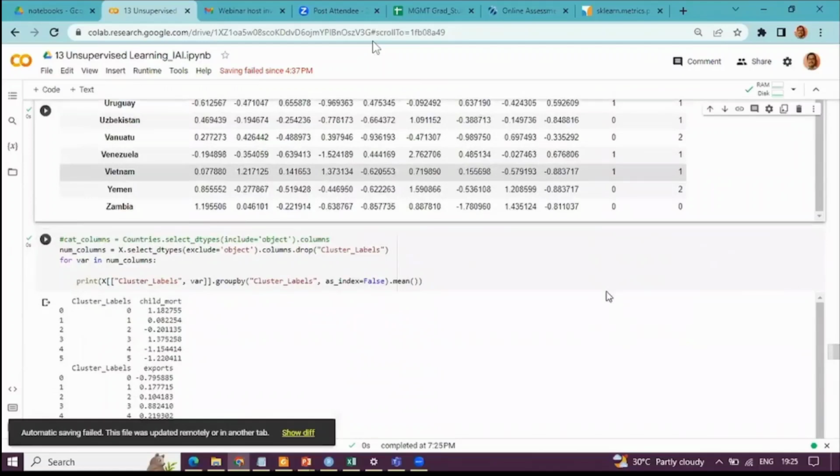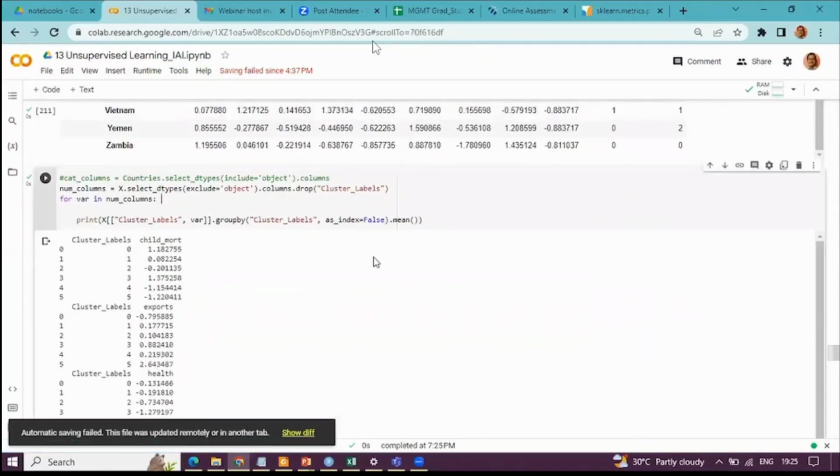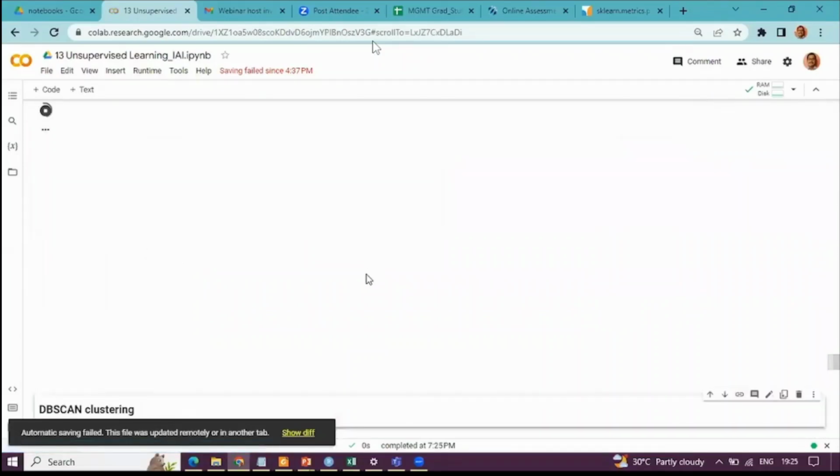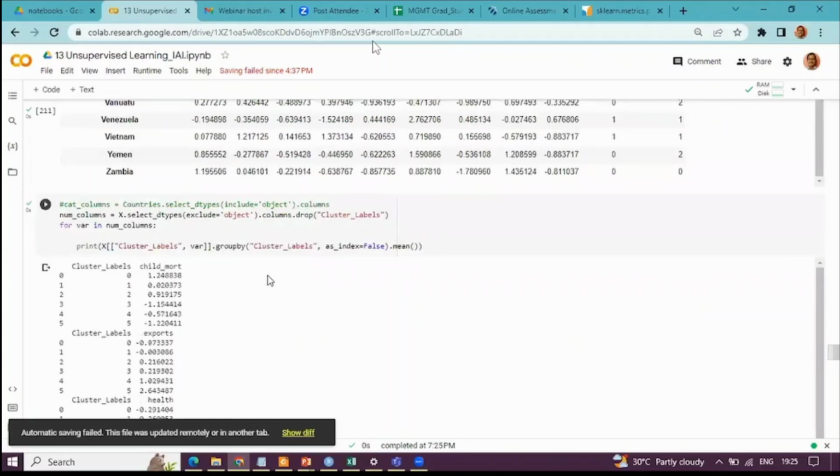And you can very well look at what is the differentiator across the clusters. So sometimes you may not find anything interesting. You look at here, in cluster 0, probably cluster 0 and cluster 2, these are the two which are very high on child mortality.